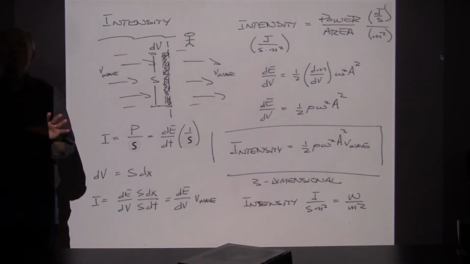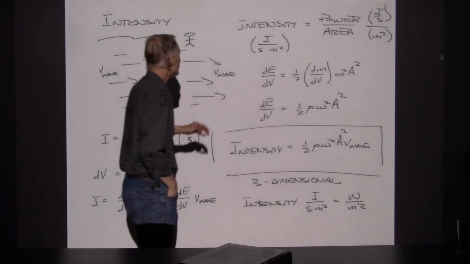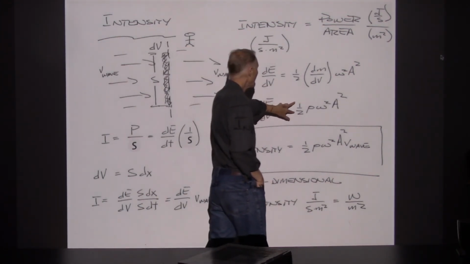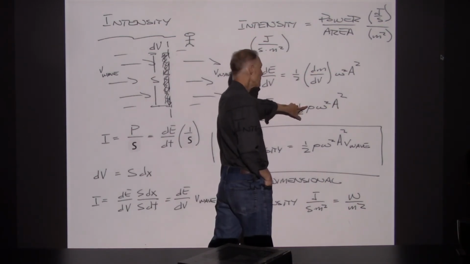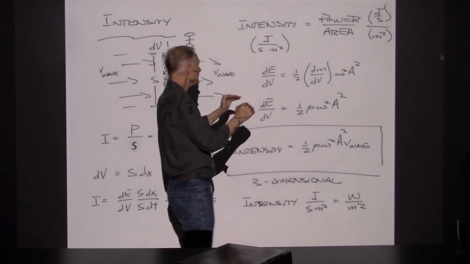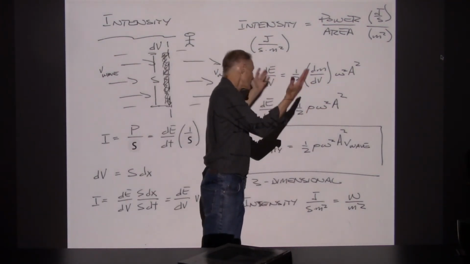So instead of the energy per length, it's energy per volume if I'm working 3-dimensionally. So the energy per volume is going to be 1/2 density, not mu, but rho. So that's mass per volume, omega squared, A squared. So it looks the very same.